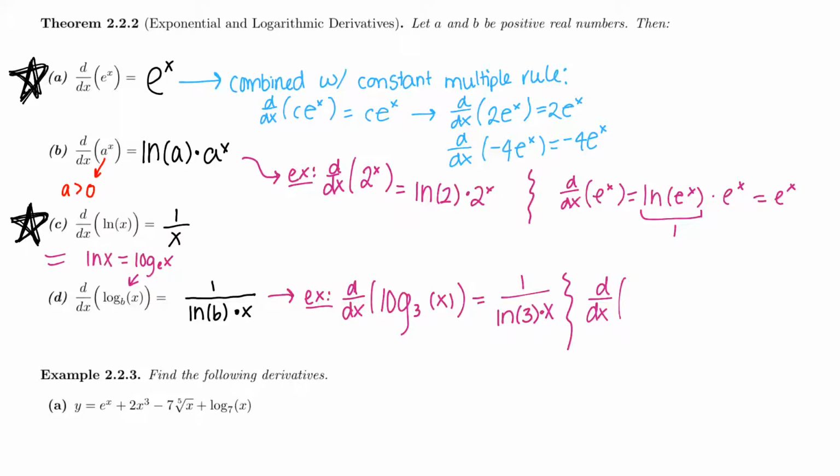If you did log base e of x, which is the same thing as ln x, and you use this rule, you'd have 1 over ln e times x, but ln e is just 1. So that's how you end up getting 1 over x. So part C ends up using part D.